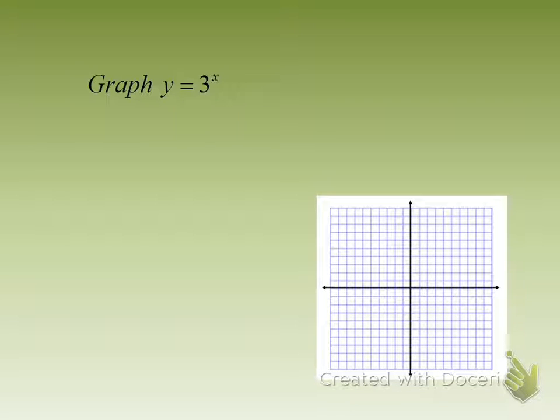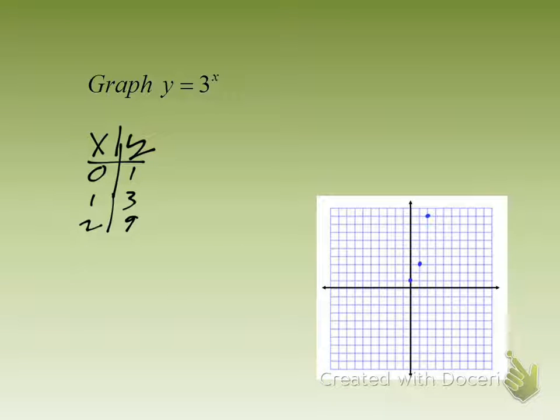For these nice parent functions, you get coordinates of (0, 1), (1, 3), and (2, 9). Then you go over and graph them. So (0, 1), (1, 3), and (2, 9). Write that.